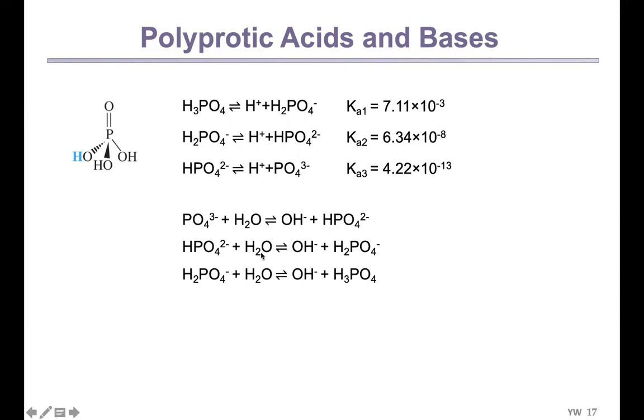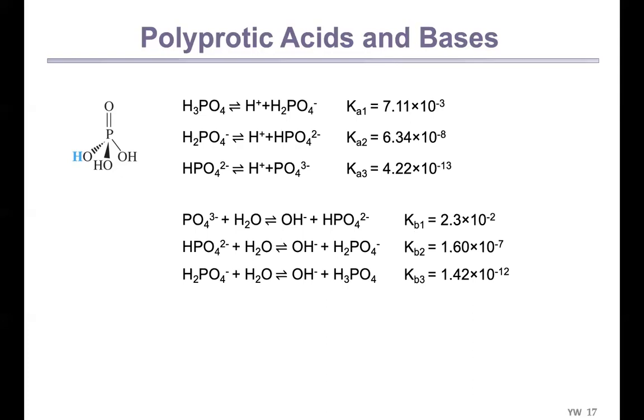And when you look at the conjugate base, starting from the phosphate ion here, you can write the equation for the weak base case, right? And for each of them, we have Kb. So Kb1 is this, Kb2, and Kb3. All right.